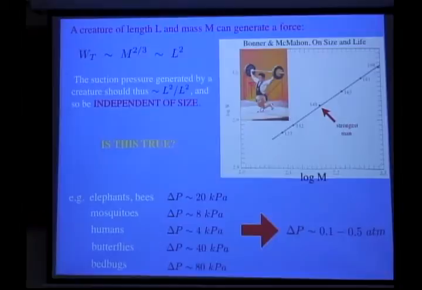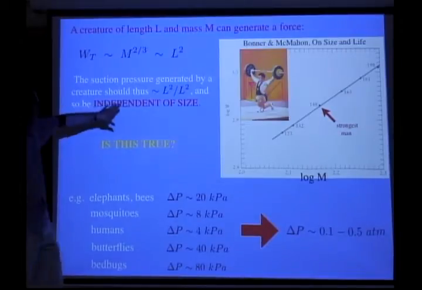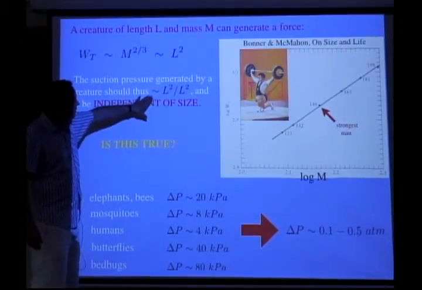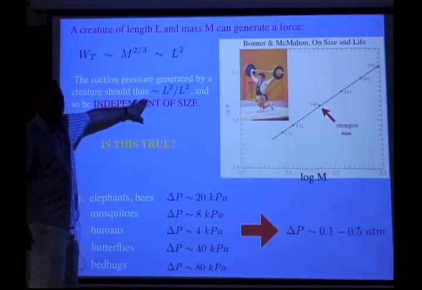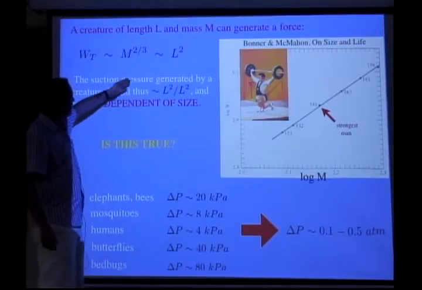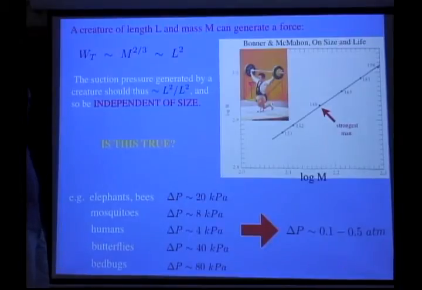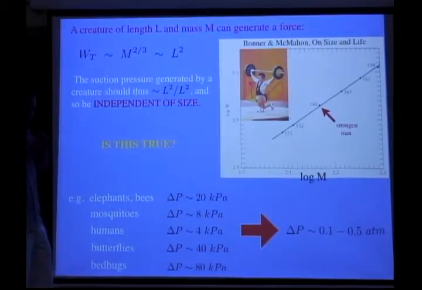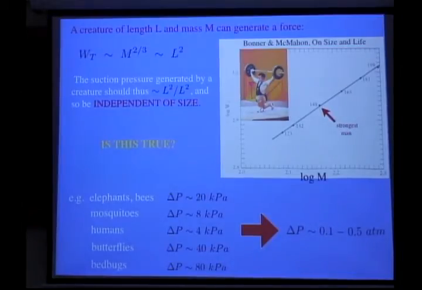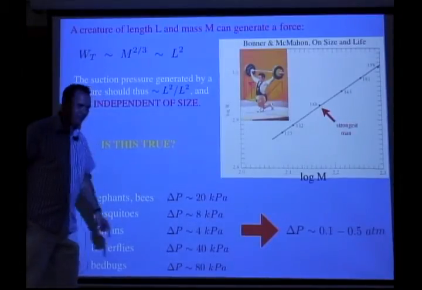There's actually a way of normalizing a measure of strength. Okay? And so, if this is true, which we have every reason to believe, then the pressure that can be generated by a creature is independent of size, because you expect the pressure to be the force divided by a characteristic area. Right? So is this actually true? This is saying that the suction force generated by any creature is going to be about the same. And if you look, it actually isn't bad. So elephants and bees, the same.